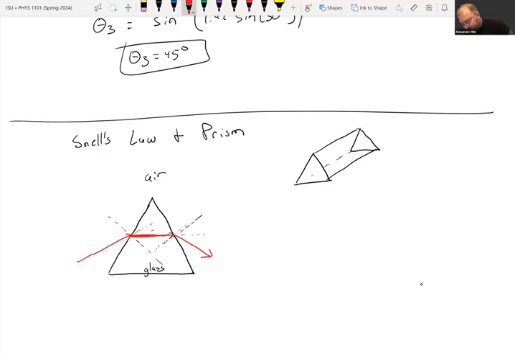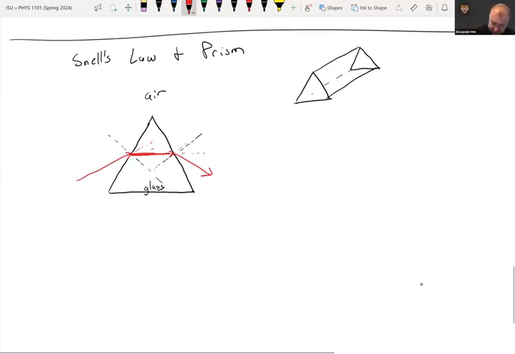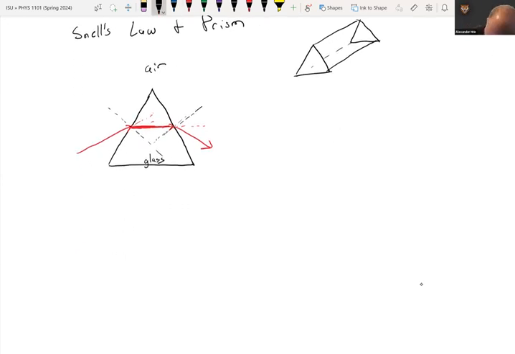Okay. So one other thing I wanted to show is what happens if you have multiple colors. Now, there are a couple things to know. First of all, white light is a mixture of colors. And the way this was actually proven was with a prism.